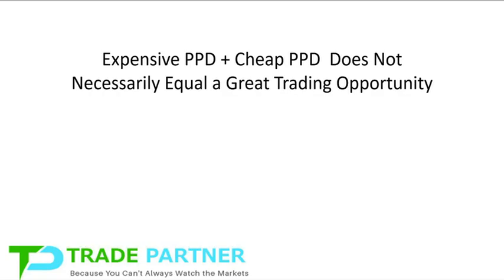Nonetheless, when you have an expensive PPD and you have a cheap PPD, that does not necessarily equal a great trading opportunity. Okay, I can show you many expensive PPD options and spreads with cheap option legs, and the probabilities are, yeah, it might be 55% probability with a 1.3 win-loss ratio.